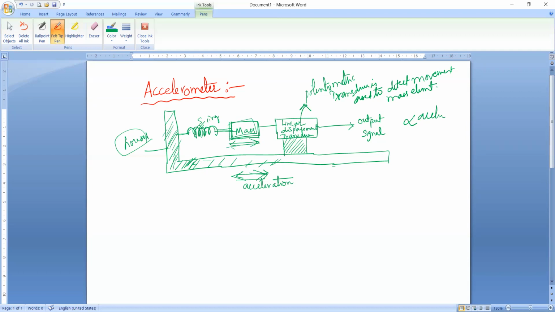This relative displacement is sensed by one of the electrical transducers. In this case, the electrical transducer is the potentiometric transducer, which identifies the relative motion of the mass element, which is directly proportional to the acceleration.